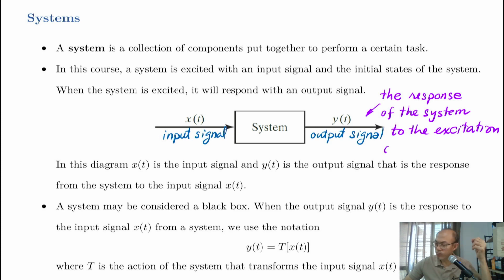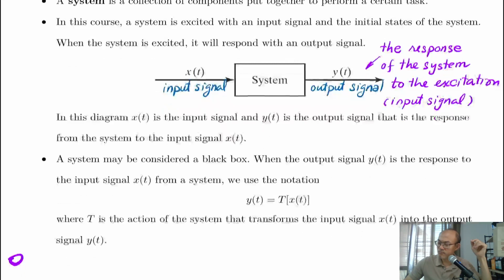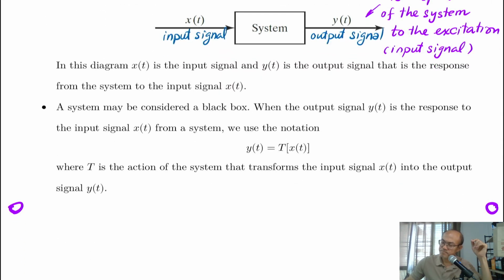By excitation we mean the input signal. So it takes the input signal that we give it and processes it, and it will give the output signal. So the output signal is kind of like a mapping from the input signal to some other signal, which is called the output signal.